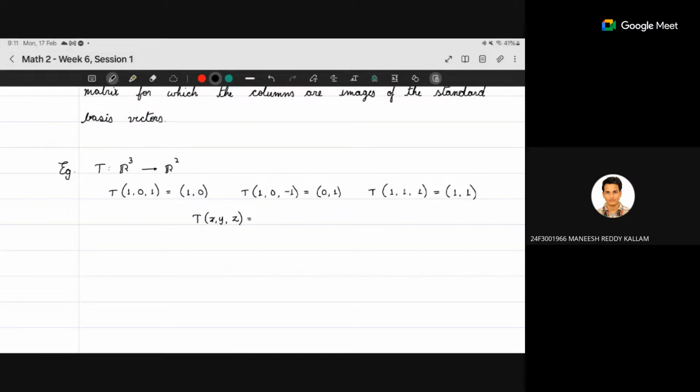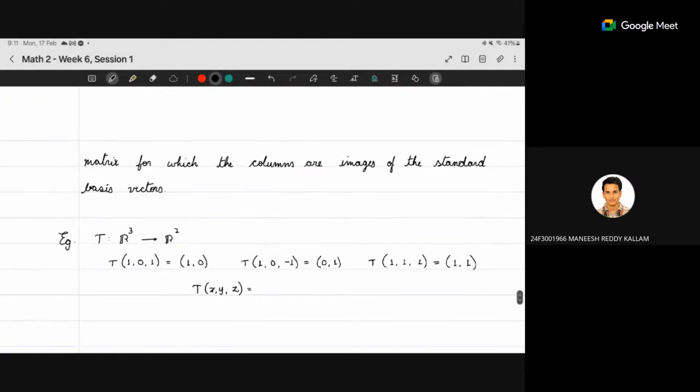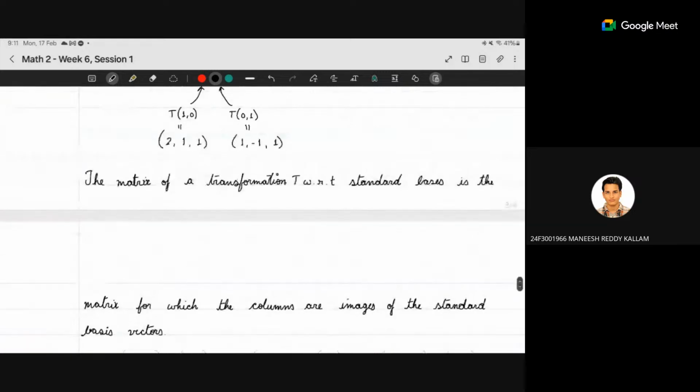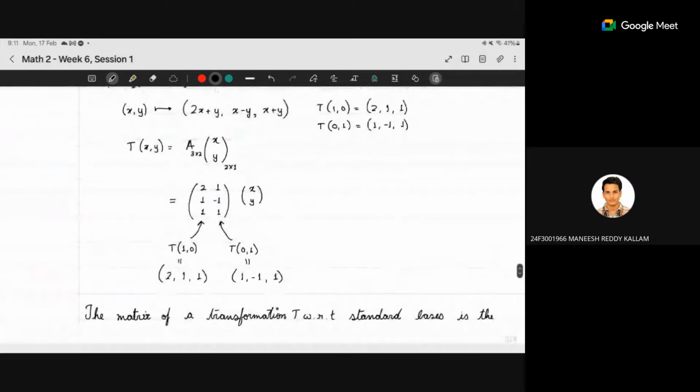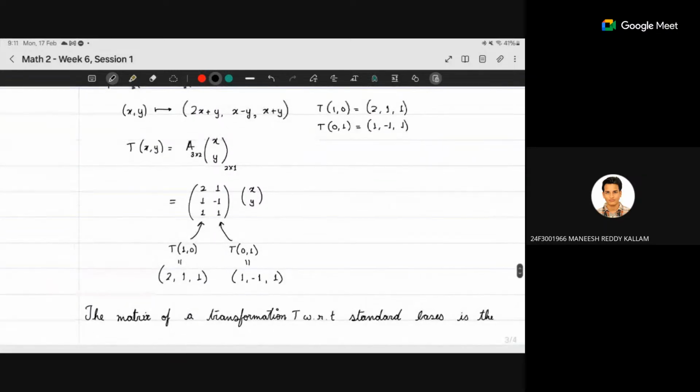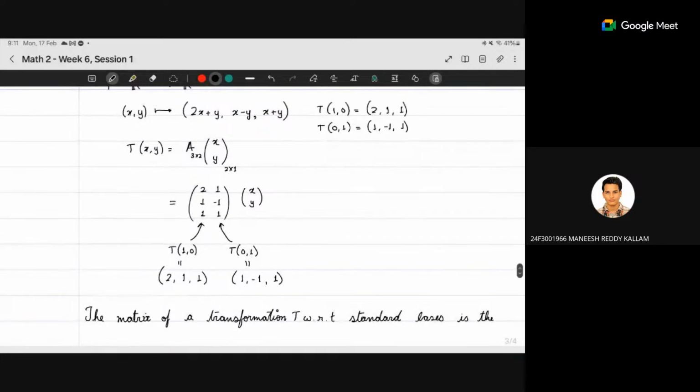Sir, regarding the previous part, if we give input of a basis, will we be getting the matrix which we created? The standard basis, yes, but if you give any other basis, you might get something else.